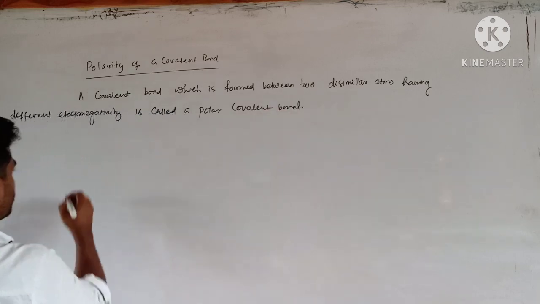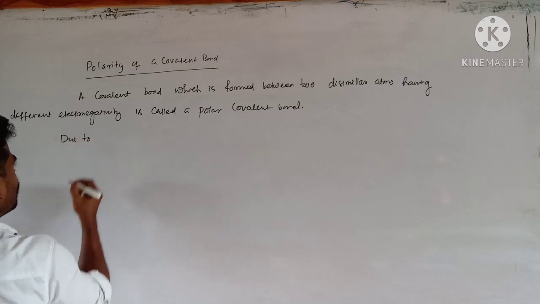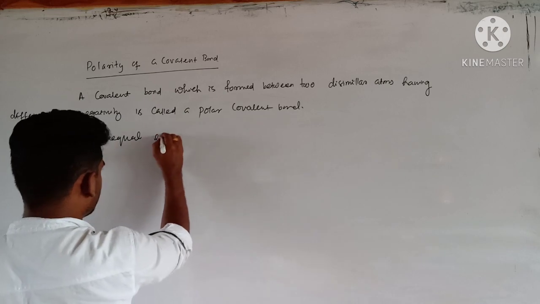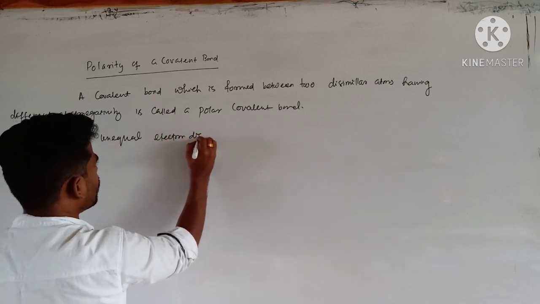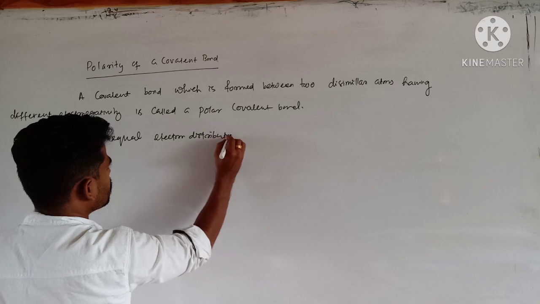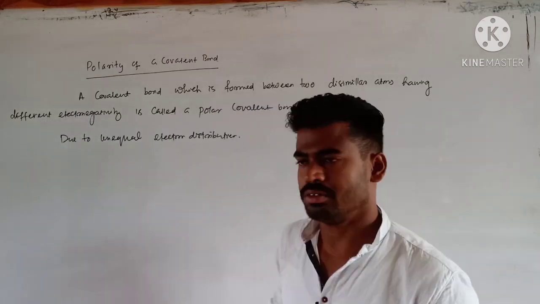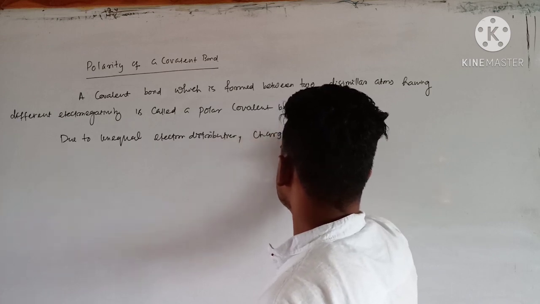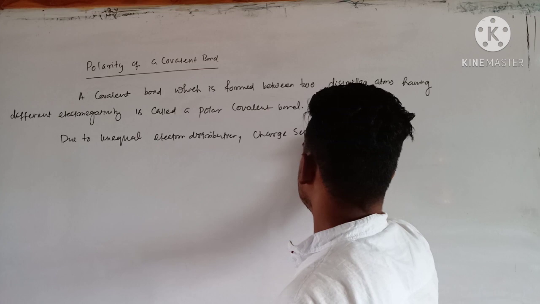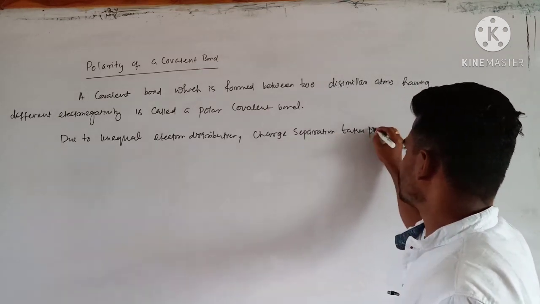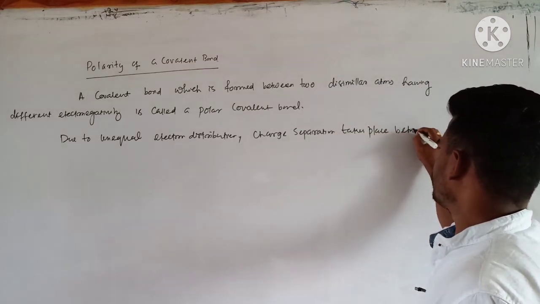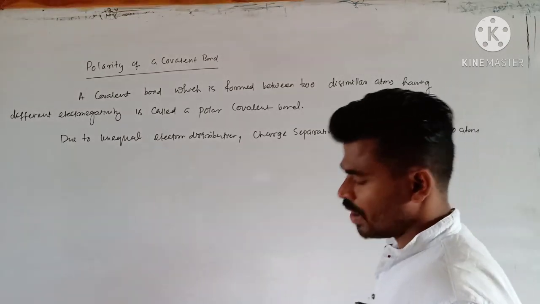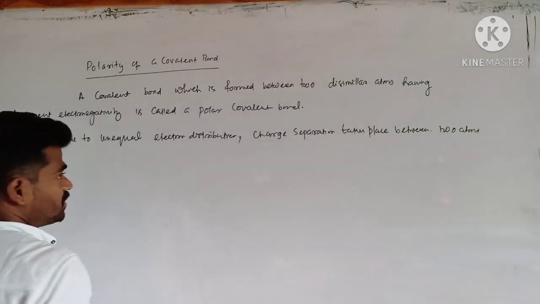Due to unequal electron distribution, there occurs charge separation between two atoms. One gets a partial positive charge while the other gets a partial negative charge.